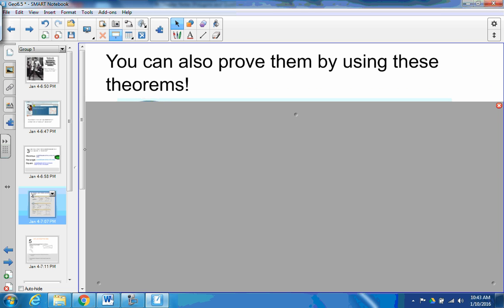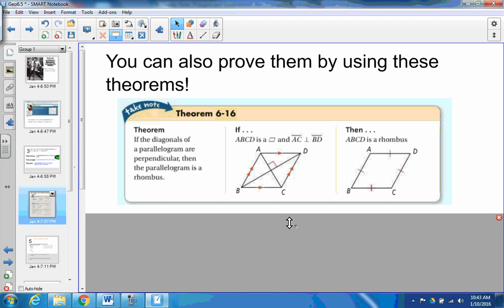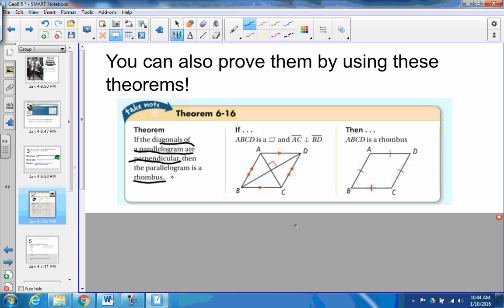But you can also prove it with some theorems. We have some theorems here for you that have to do with diagonals. The diagonals of parallelograms, and we've talked about what diagonals are before. So this first one, 6.16, the 16th theorem of this chapter, we've got a lot of them: if the diagonals of a parallelogram are perpendicular, then the parallelogram is a rhombus.